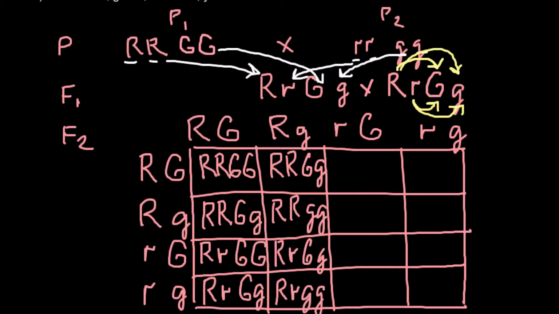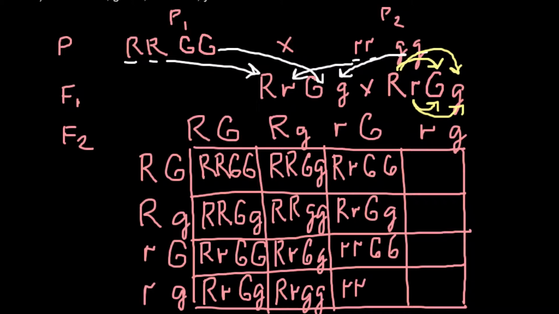So we have done. Next column, capital R, small r, and capital G, capital R, small r, and capital G, small g. Small r here, and capital G here. Small r here, and capital G, small g here.